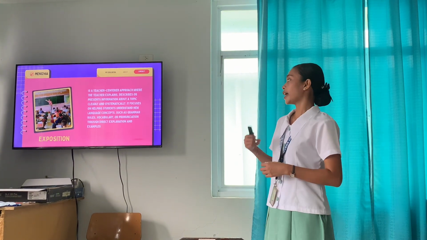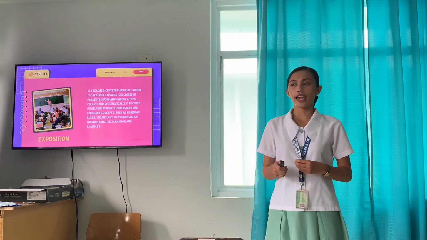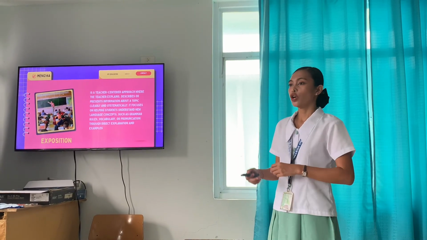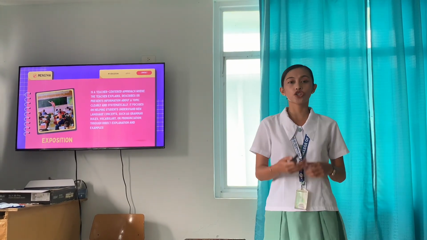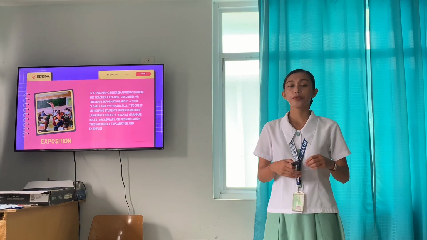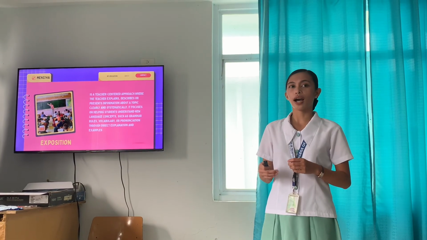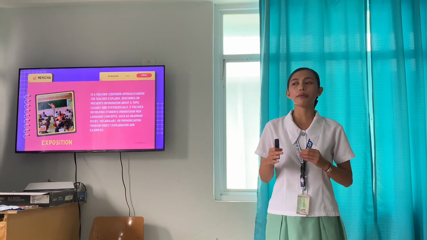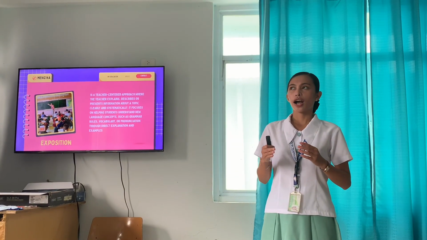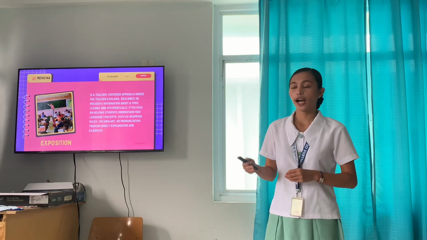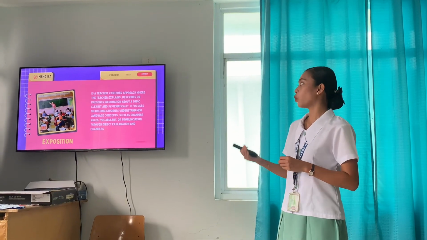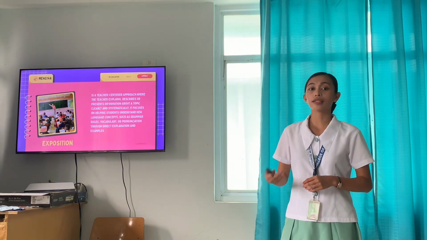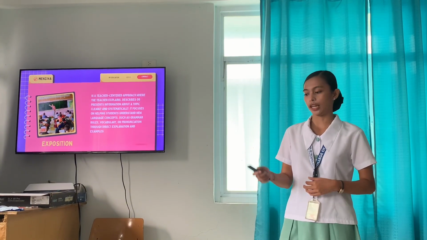In other terms, exposition is direct instruction wherein the teacher focuses on the learners and discusses step by step. It is teacher-centered. The teacher will be the one to explain, to describe, to discuss the topics step by step or systematically.